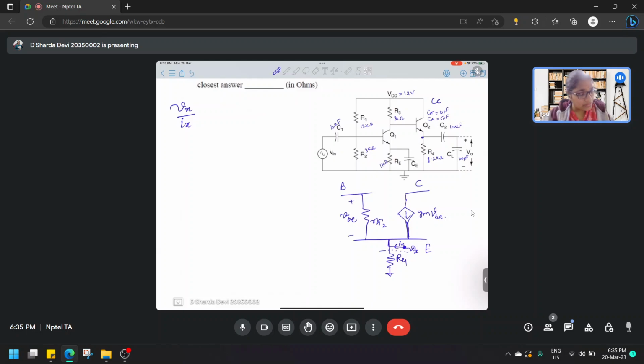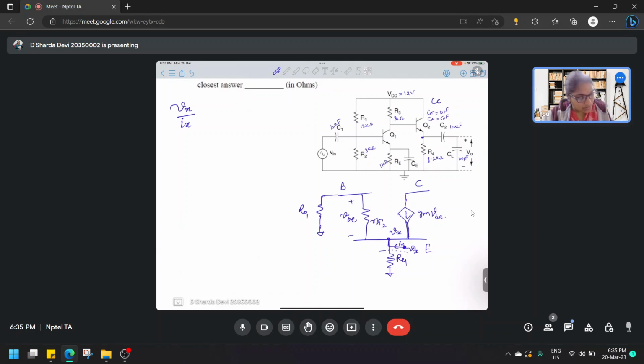And here, if we extend this part, we will see that after the intrinsic base resistance of transistor 2, we can also notice that there is the output resistance of stage 1 which will come into picture, which is over here. Now this voltage is Vx.